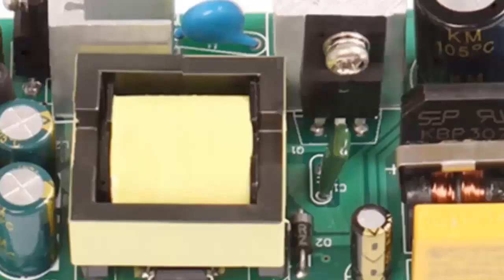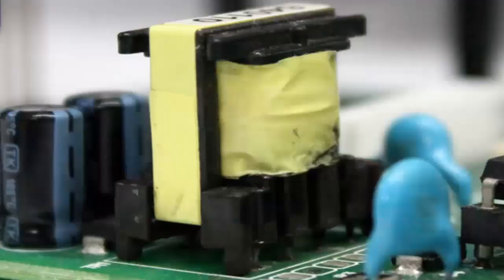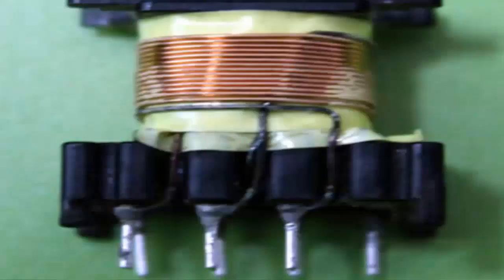These transformers allow efficient conversion of voltage and current in switch mode power supplies. They usually work with pulsating direct current. These transformers are more efficient than traditional linear transformers due to the high frequencies, which allows them to be smaller and lighter.